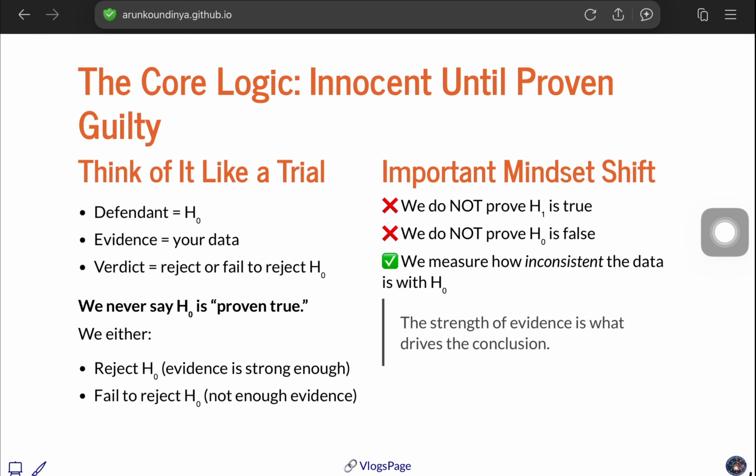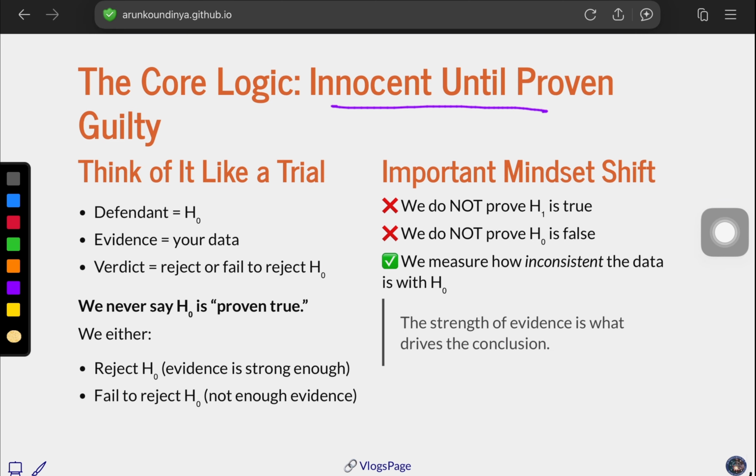Let's extend this logic such that it's ingrained into your thought process. You know about court proceedings, right? One of the greatest principles is innocent until proven guilty. So what happens ideally when the two teams argue is that one proves guilt by bringing strong evidence, and you reject that he is innocent, and then you claim that he is guilty.